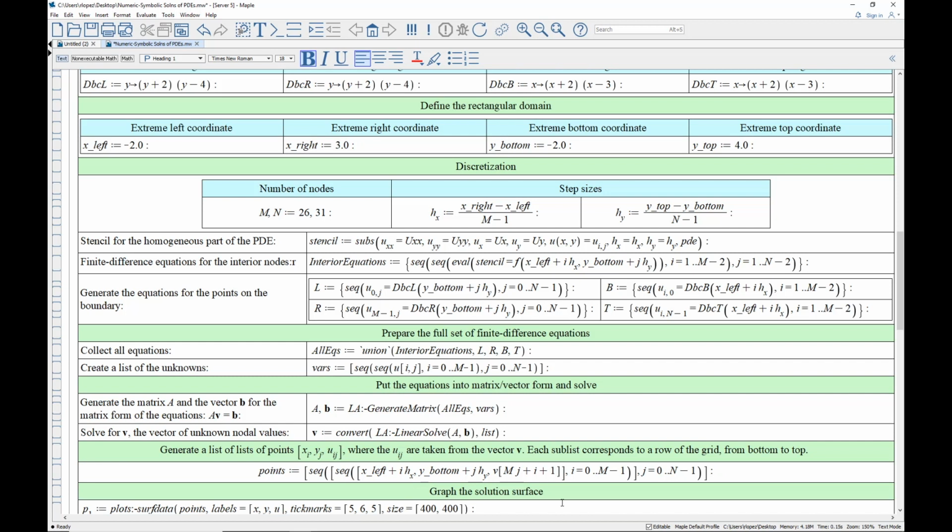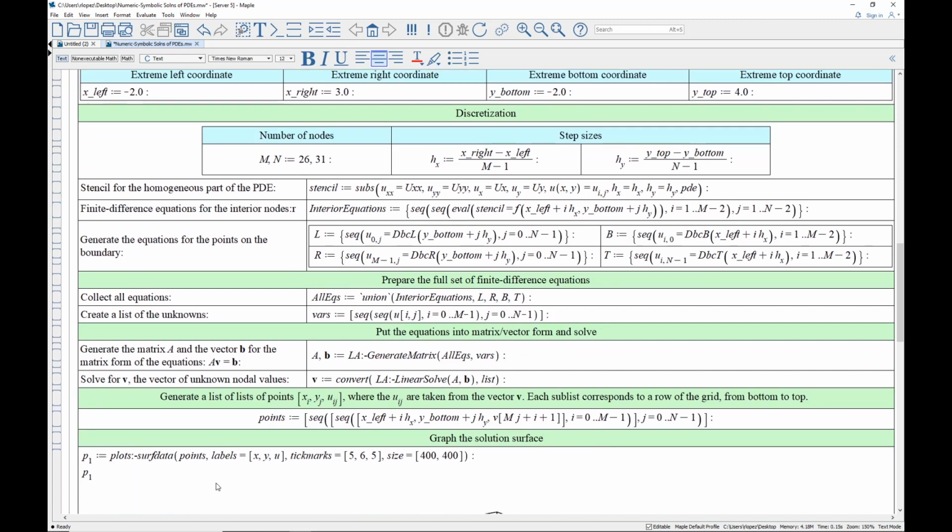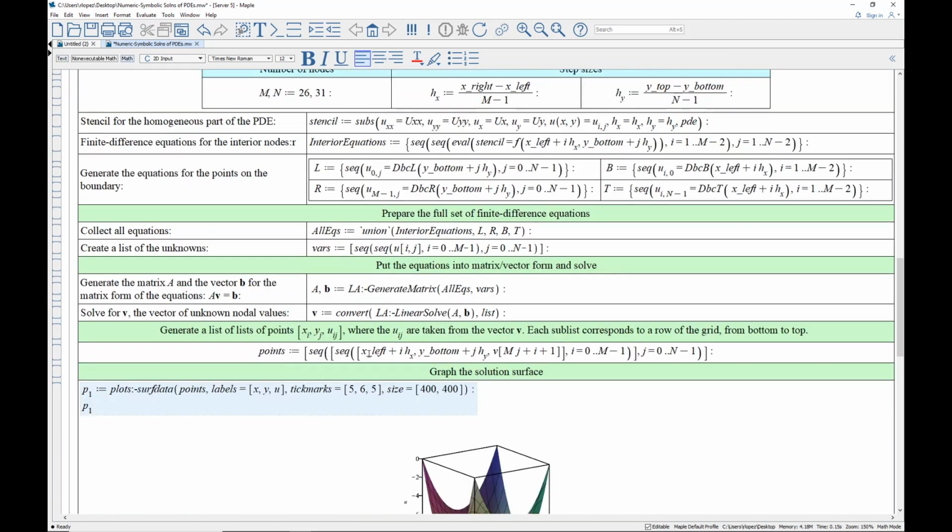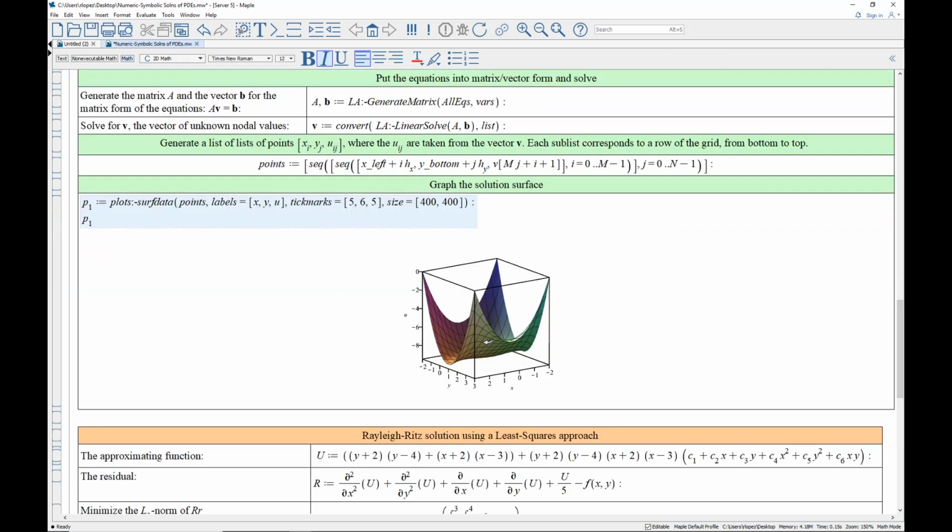So it's a list of points, x coordinate, y coordinate, and then this is the value of the solution at that point, picked out of the vector of solution values that LinearSolve has returned. So that way you can draw a graph. So you have this set of points which you can put into surfdata and draw a surface.